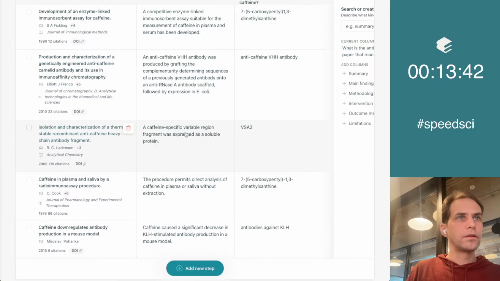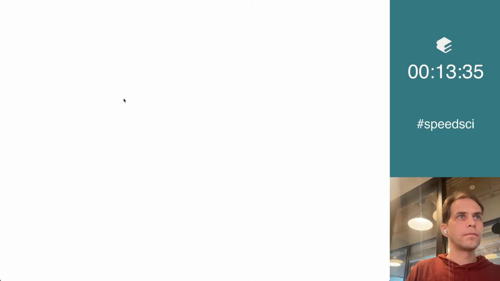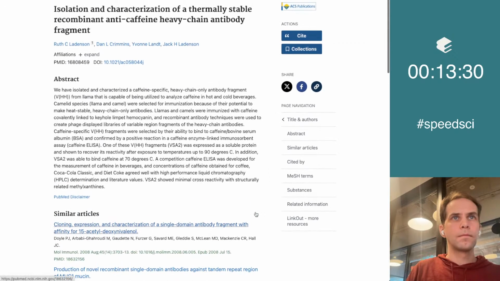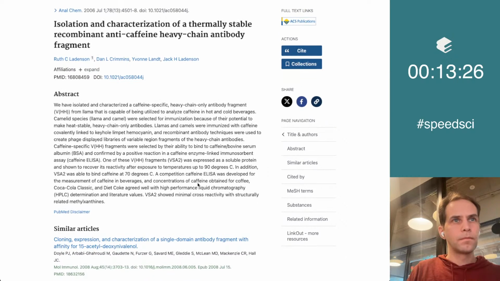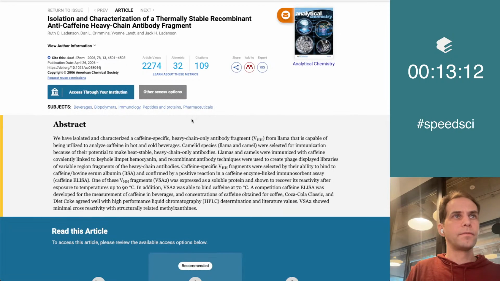Okay, let's see, this is the paper. Once again, it would be helpful to have the full text here. It's unfortunately behind a paywall.